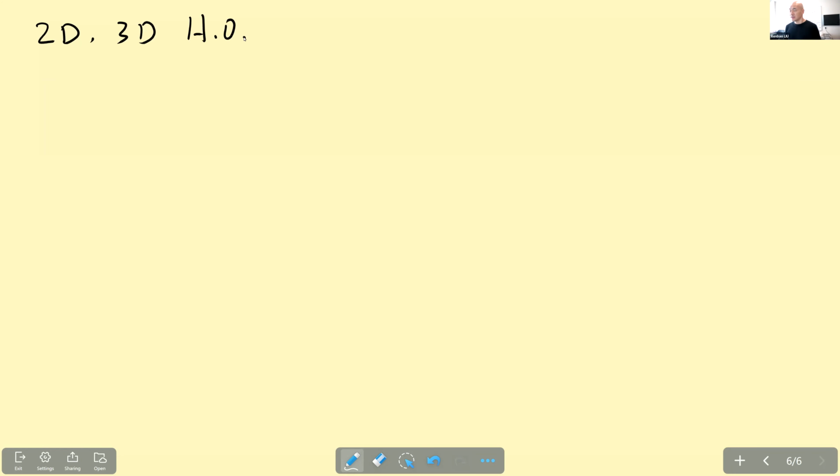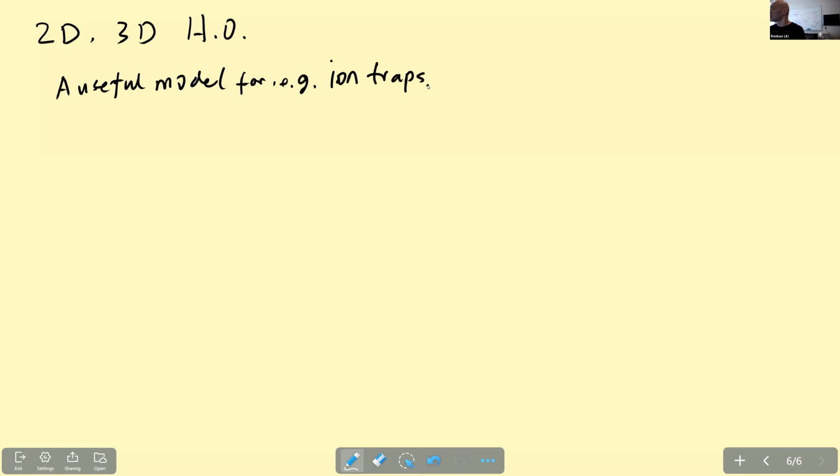A useful model, for example, in many cases, one particularly interesting thing is ion traps. In ion traps you can have something like this, and they can put ions right here.